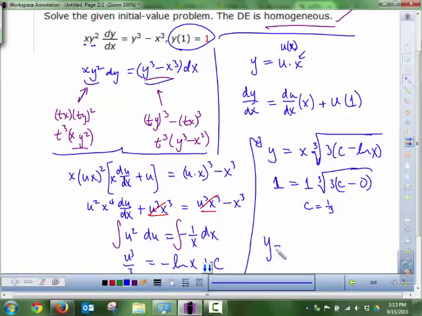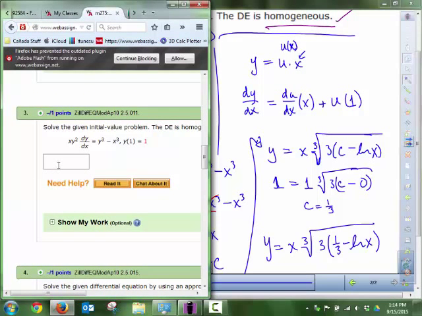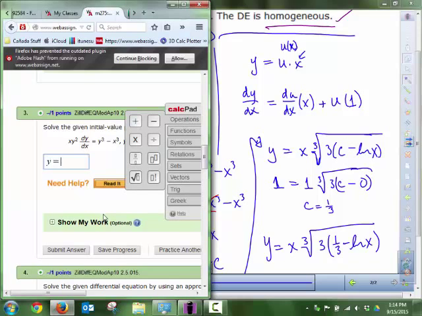All right. Let's see if this is the correct answer. So 3 times 1/3 minus ln x. They didn't have a y equals here, which means we could have left it as implicit, I guess. So y equals x times, should we do just to the 1/3 power?